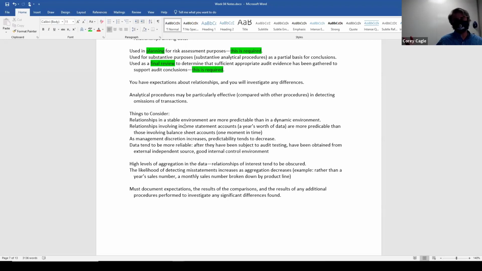Balance sheet's a snapshot in time, so things can be a little off as far as this year versus last year, just depending on what happened the day or two before, right? Income statement items are more predictable because you've got a year's worth of stuff. As management discretion increases, predictability tends to decrease.